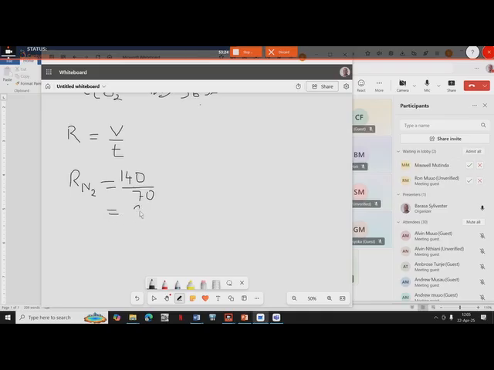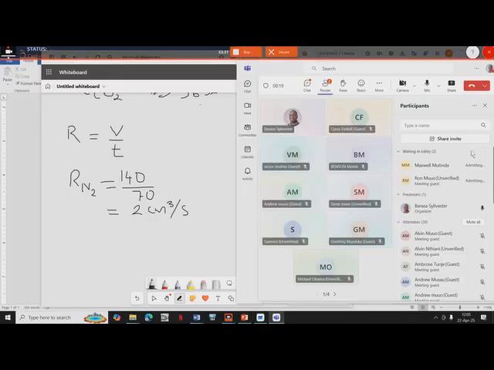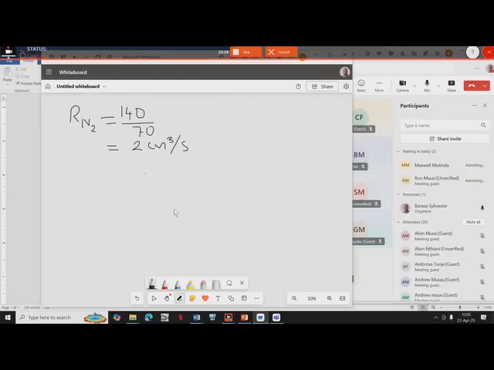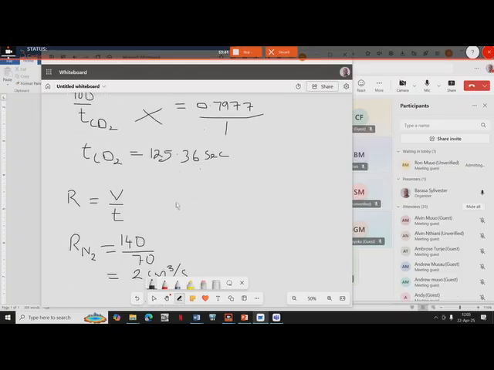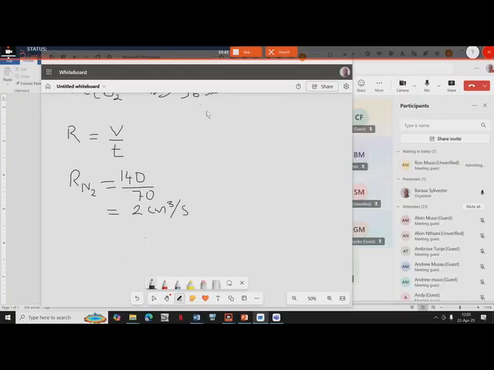We use the volume we are given, 140 divided by 70. So this will be equal to, is it 2 cubic centimeters per second. That's the rate of diffusion of nitrogen gas.